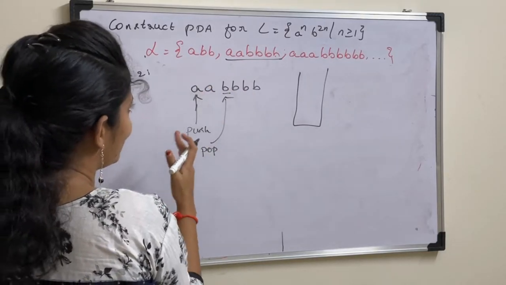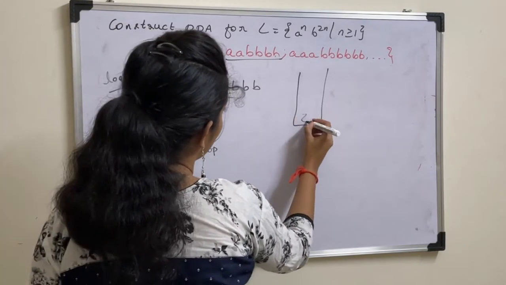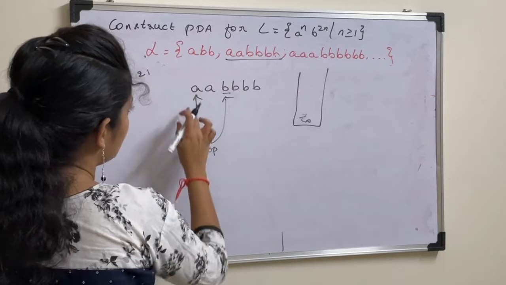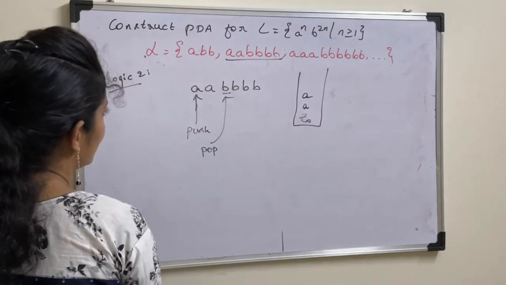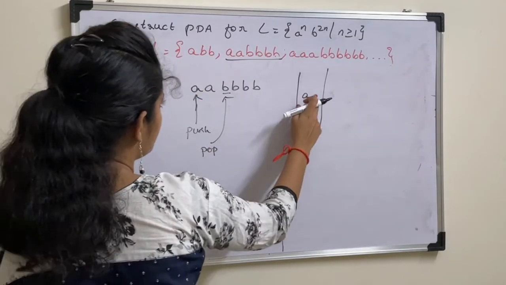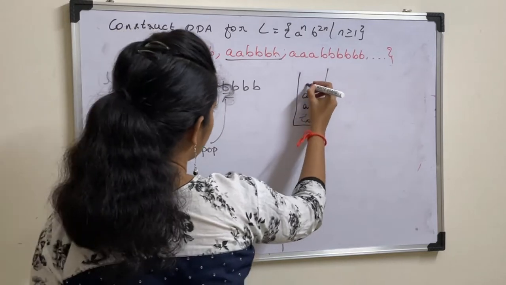So, in order to make them equal, what we are doing is, initially the top of the stack is Z0. For the first A, push 2 A's onto the stack. For a single A, push 2 A's. When the input reader is at the second A, again push 2 A's.